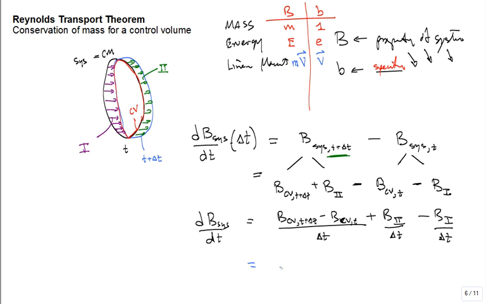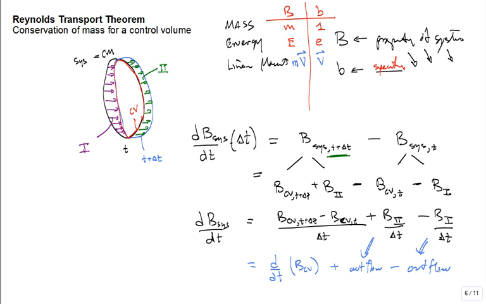That looks like the time rate of change of what's in the control volume. And what does this second term look like? The rate at which it flows out. Okay, so this is an outflow, and this is the negative of an outflow, which is an inflow.